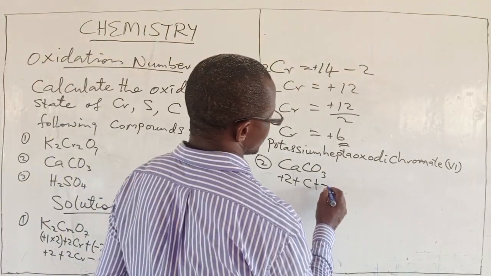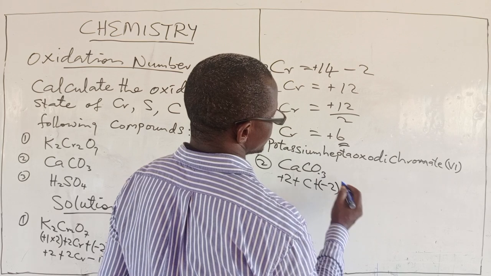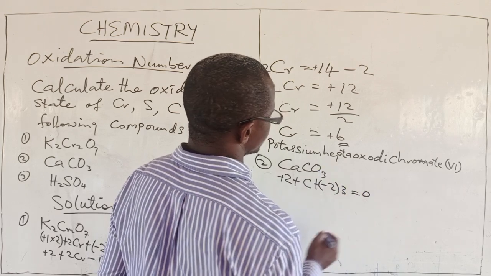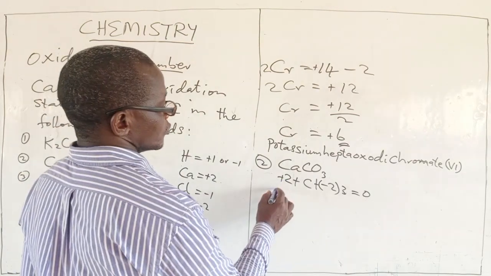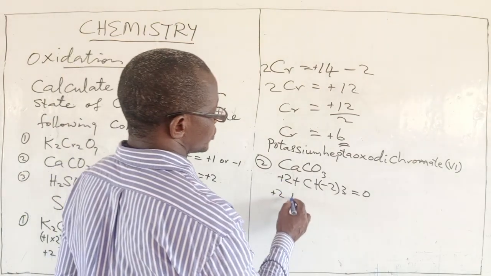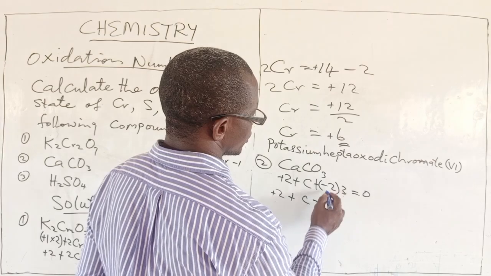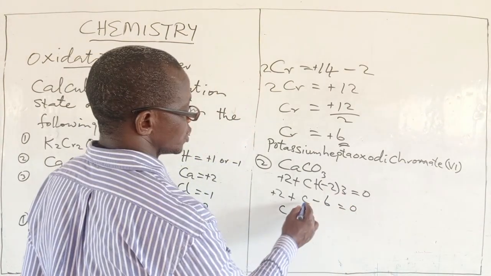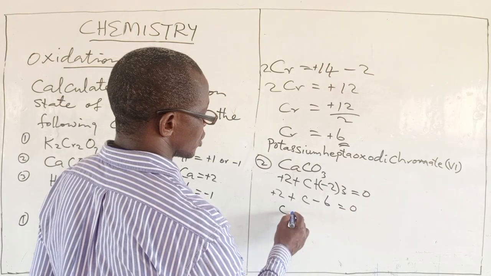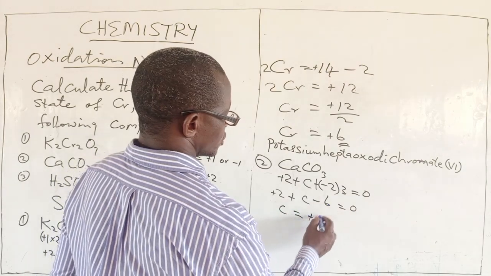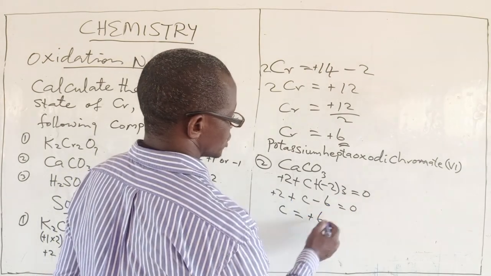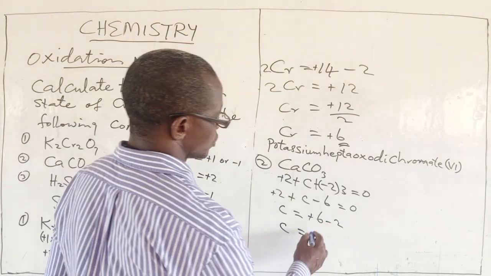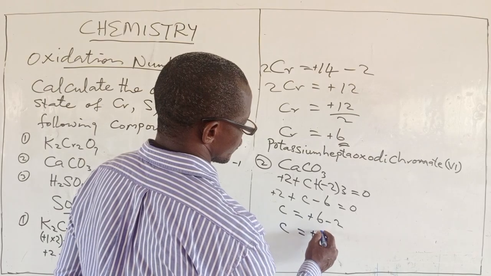At all times, -2 times 3. Equate it to 0. +2 plus C minus 6 equal to 0. C, take this to this side, it becomes +6. Take this to that side, it becomes -2. Your C will now be equal to +4.